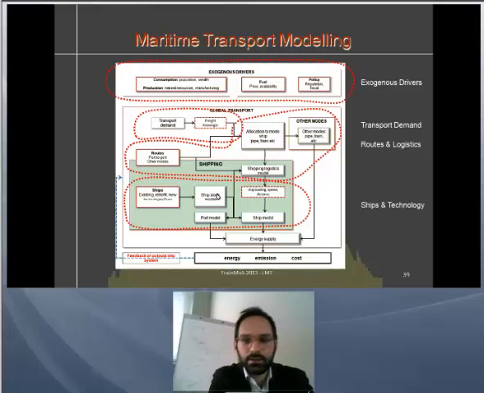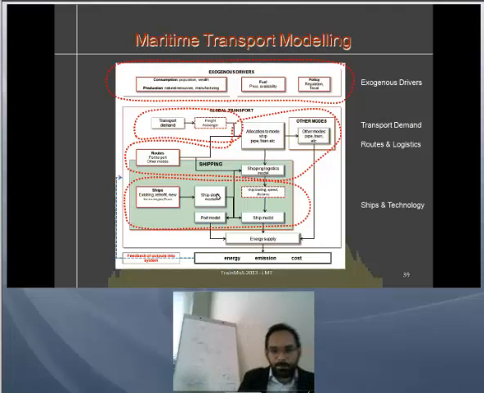Within this model, we can see that firstly we have the transport demand, and transport demand is coming from the actual freight or from the passengers that need to be carried. Then this is connected to the routes and the logistics of the trade.